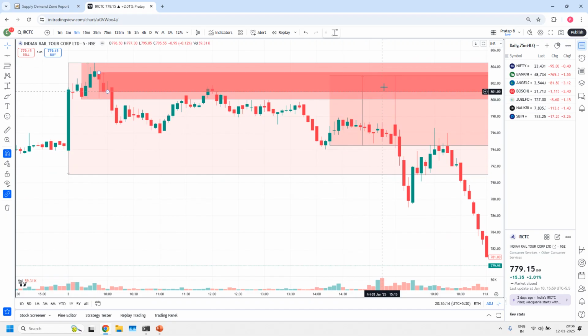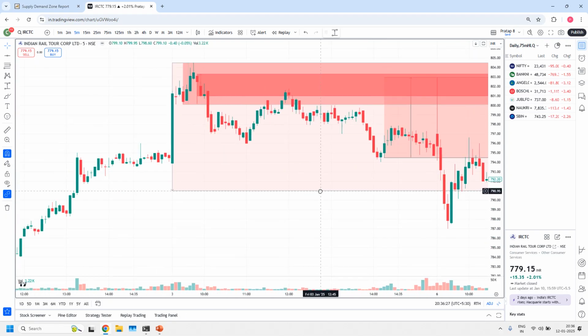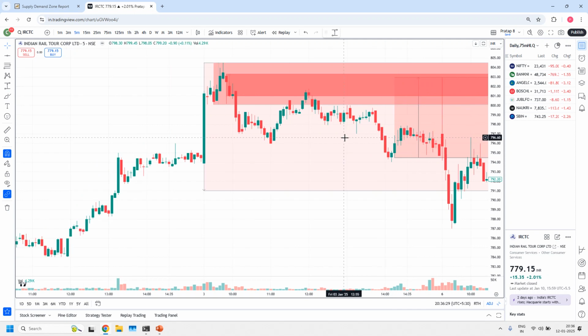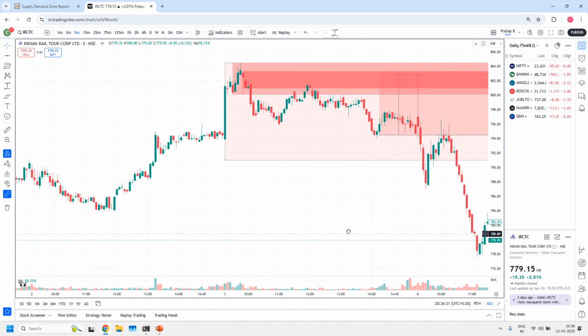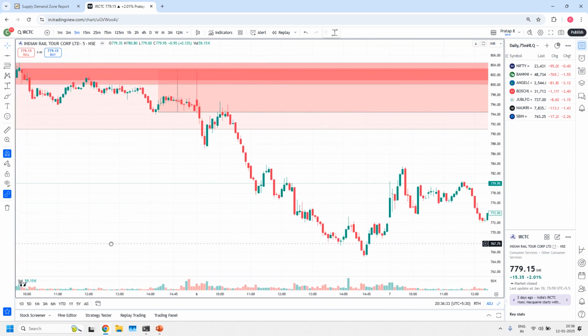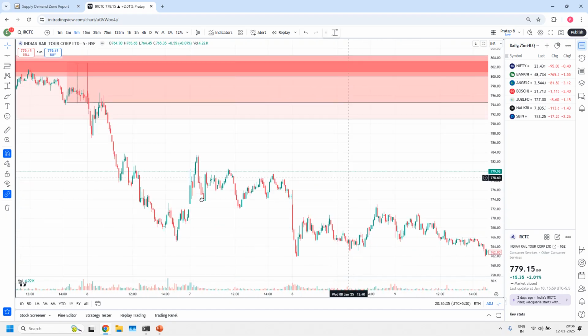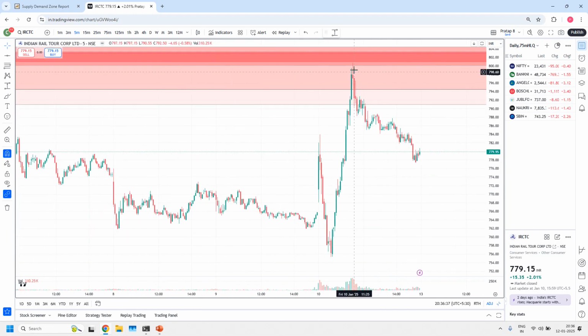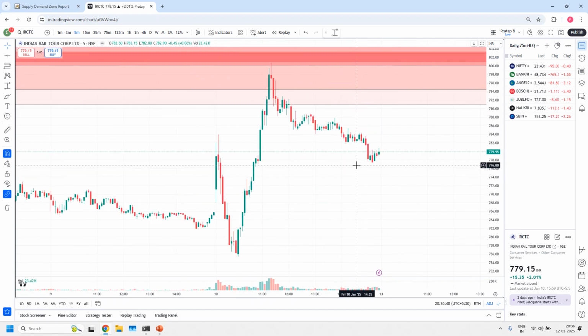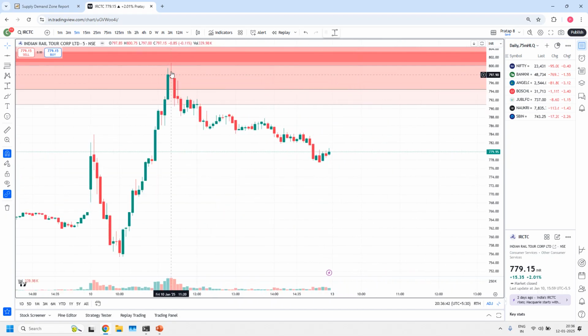So from this area it picked up the orders and moved up. Okay, except that, see, again it is tested. When? Friday. From the horizon, it picked up the orders.